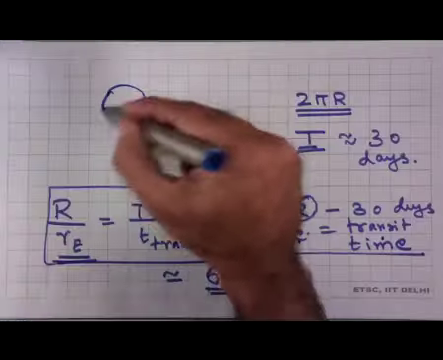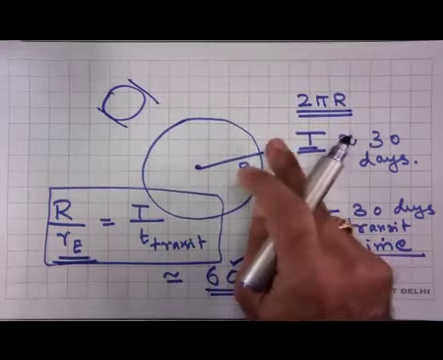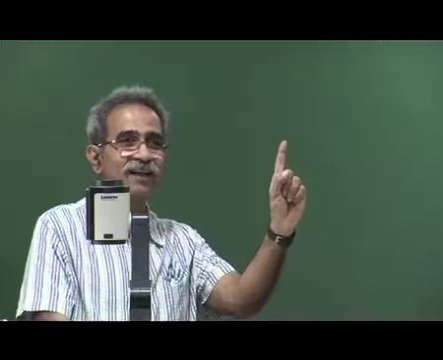This gives you an idea of the distance between the earth and the moon. Now if you are a little bit smarter and more careful, you can see that this observation can also give you an idea of the size of the moon, because you can ask how long does it take for the front edge of the moon and the right edge of the moon to come. The eclipse starts and then it ends.